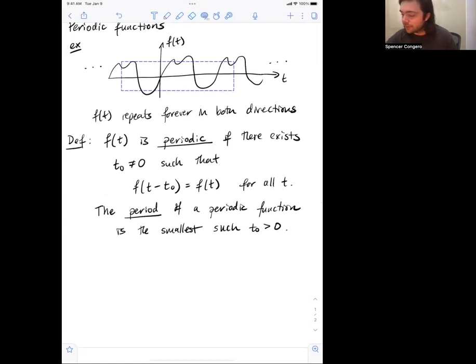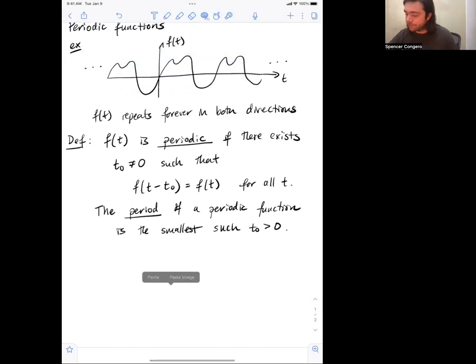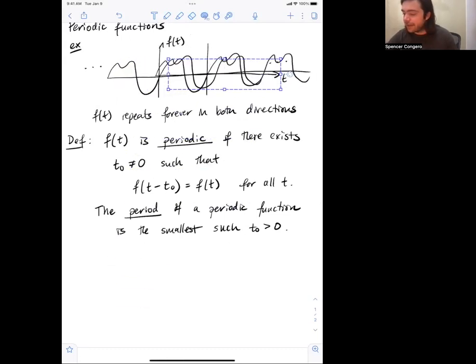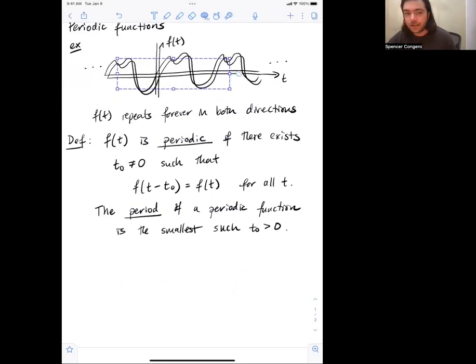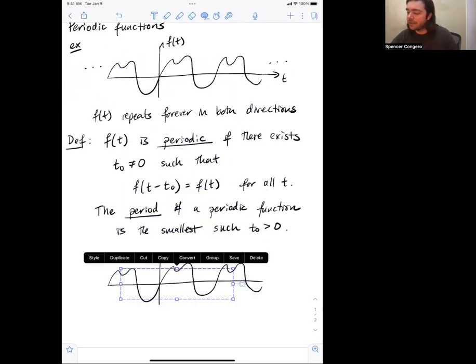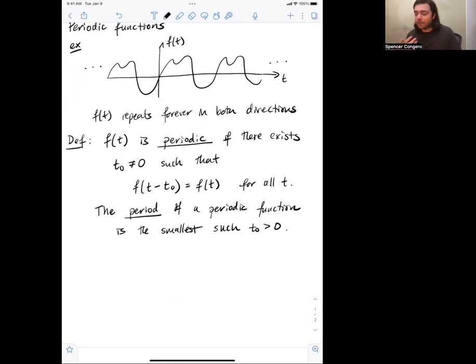But you can see based on what we did at the beginning that I could shift by that amount, I could shift by that amount, right? There are actually infinitely many, I could even shift in this direction. There are infinitely many amounts I could shift my function by to get back the exact same function. So what is the period of a periodic function? Well, it's just the smallest amount I can shift by and get back the original function. And by convention, we make sure that the period is positive.